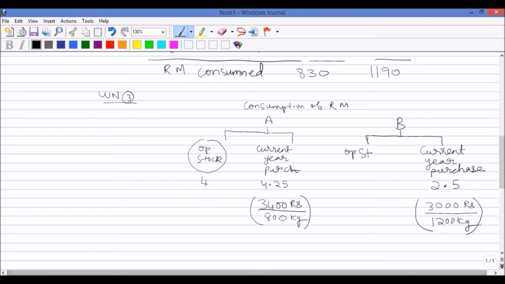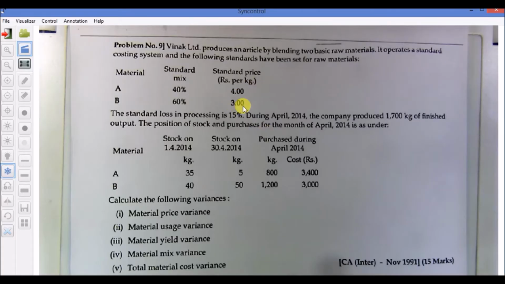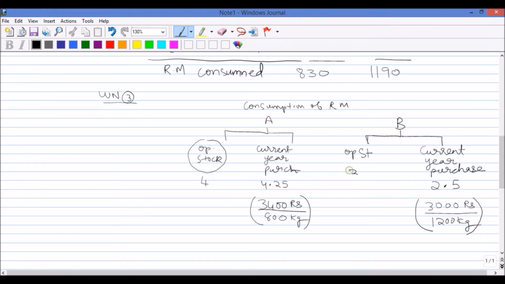And for B I need to know the standard price, which is 3. Okay, standard price is 3. So what I have done is that I have divided the consumption into opening stock and current year purchase. Similarly for B also, it's opening stock and current year purchase.